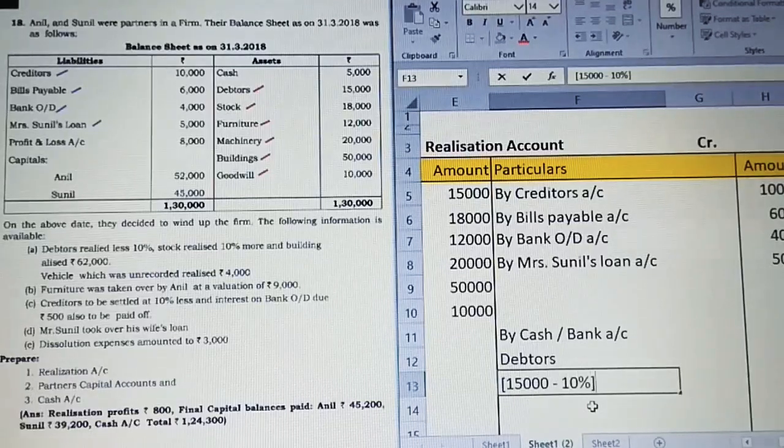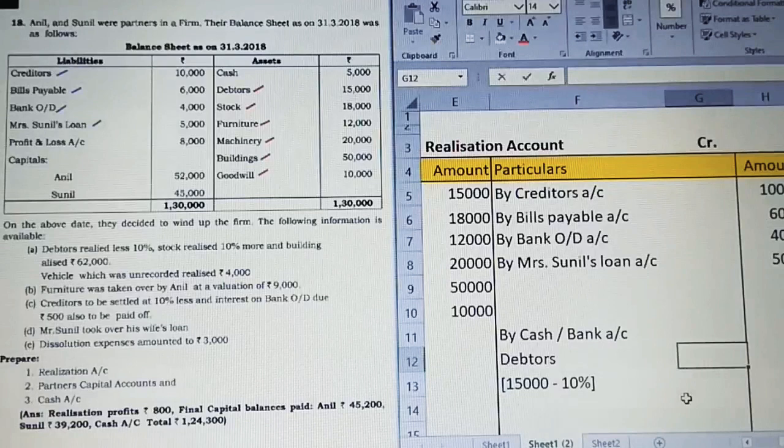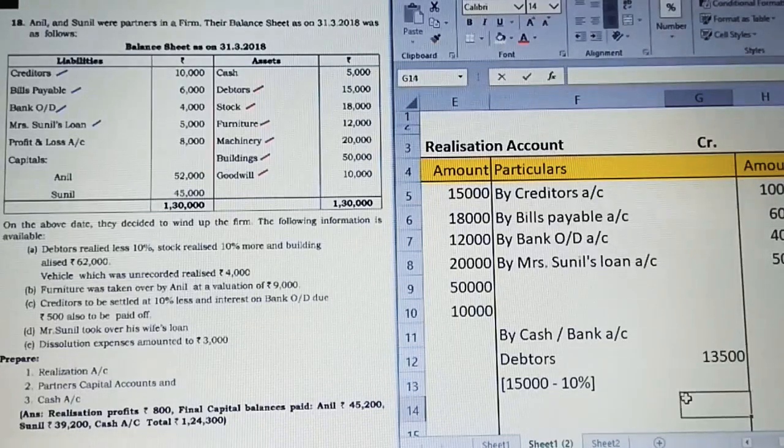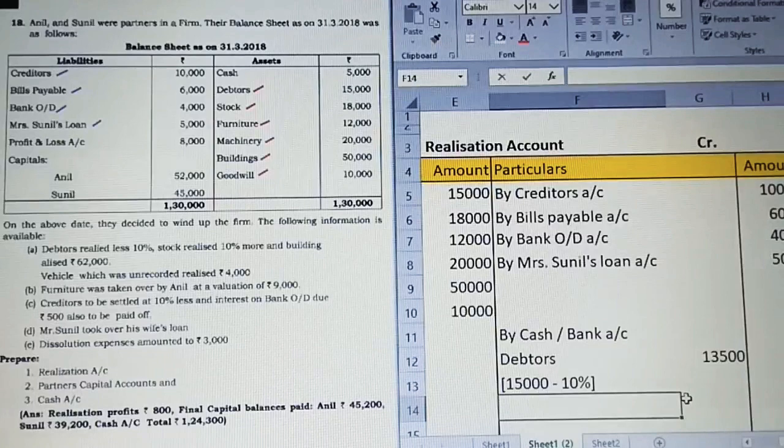I've told you, we are not going to go for product symbol here. If it is less, put the minus sign and find out the value. Now 15,000 less 10% gives 13,500. So the debtors of 15,000 have been realized at 13,500. We are not going to compare whether it's profit or loss. We have to just take and show it.